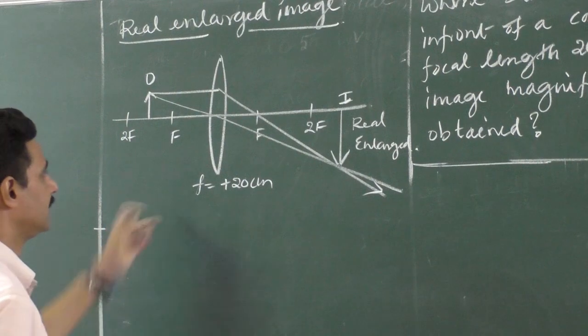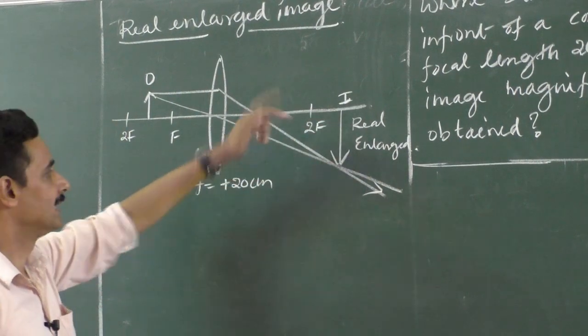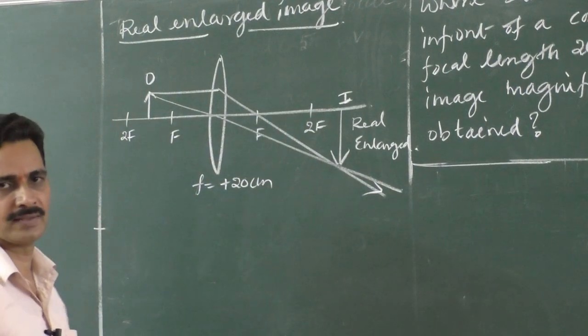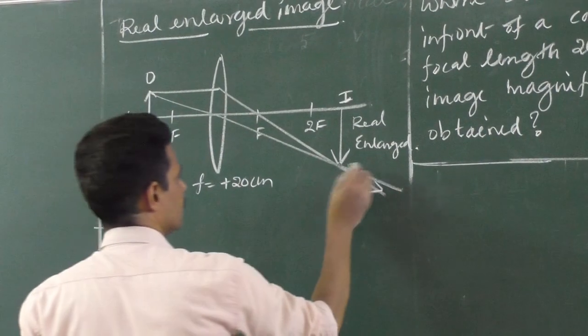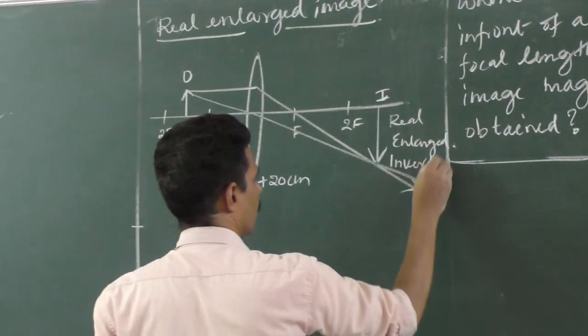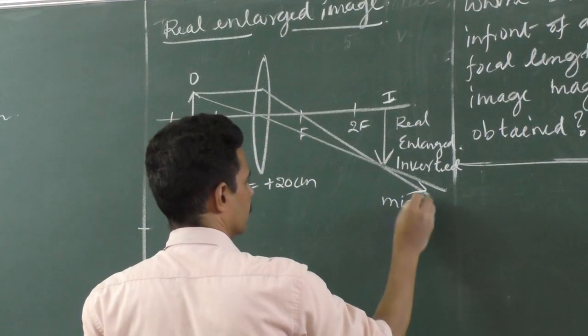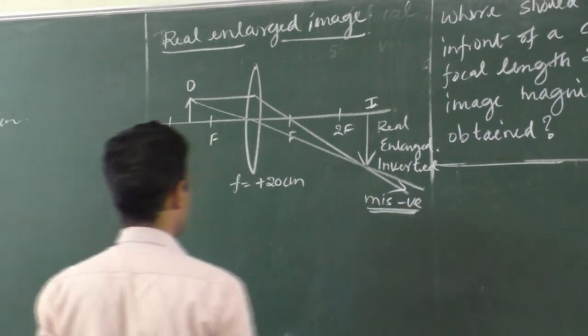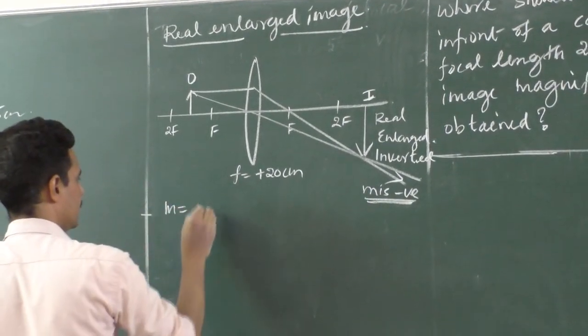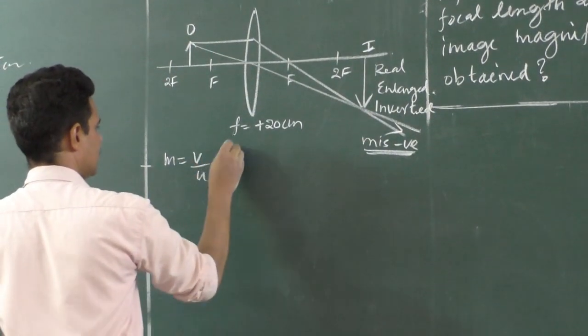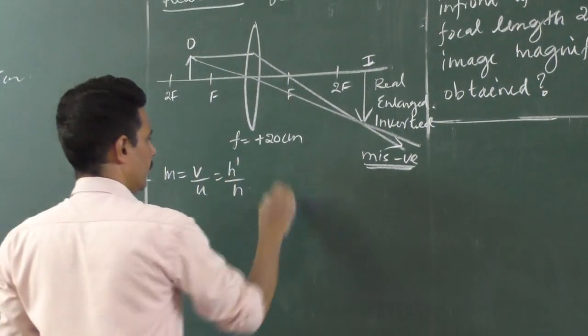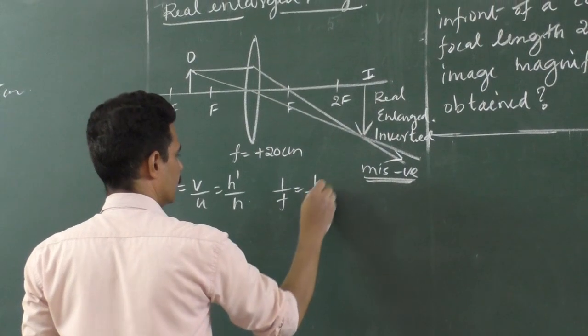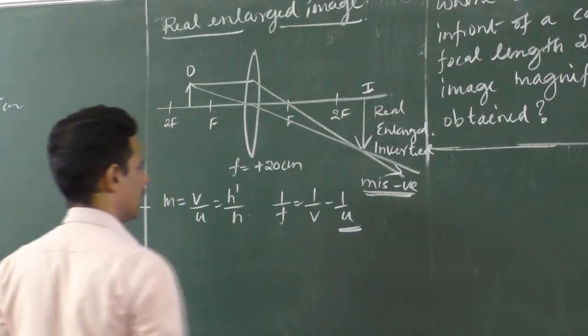Magnified 4 times, but this is real, inverted. Since it is inverted, magnification is negative. This is enlarged and inverted. So, m is negative here. What is the magnification formula? M is equal to v by u, h dash by h. No negatives here, but in the lens formula you have negative with the u. u is negative.